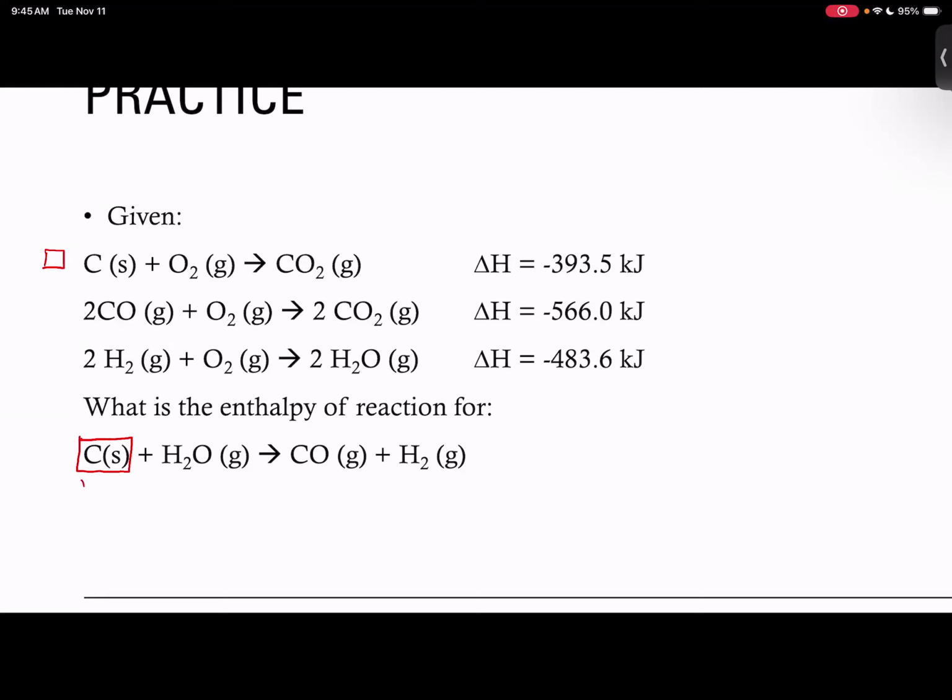My carbon solid is a reactant in the target equation, and it is a reactant in the given equation. Because of that, I'm going to use the reaction and the enthalpy as is.